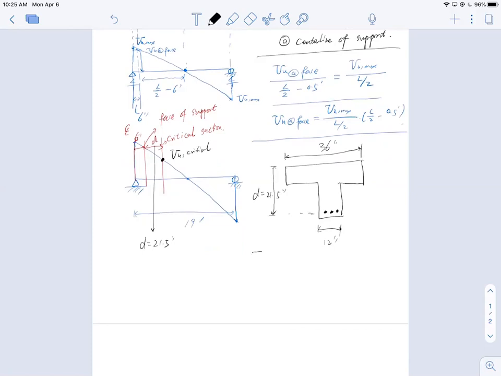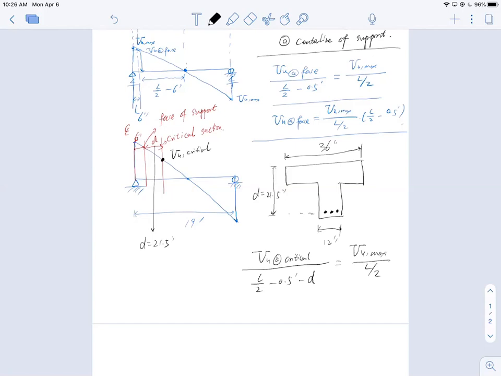VU critical, divided by L over 2, that's 19 feet divided by 2 minus 0.5 feet, that gets you to the face of support, minus D, equals VU max divided by half of L. Now you can compute the shear force at a critical section.